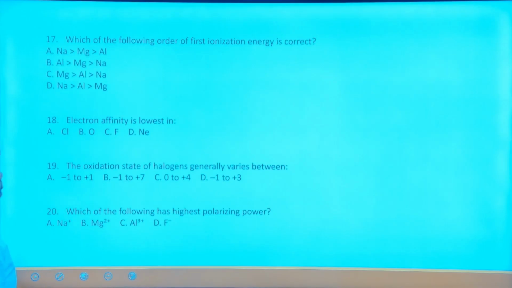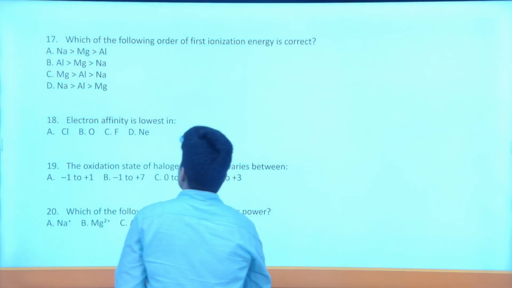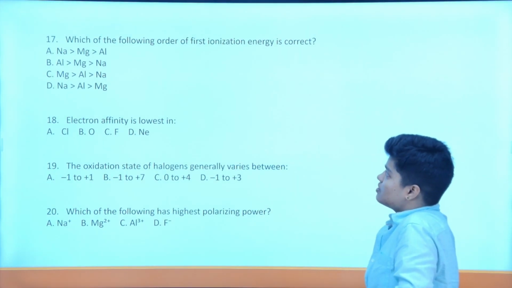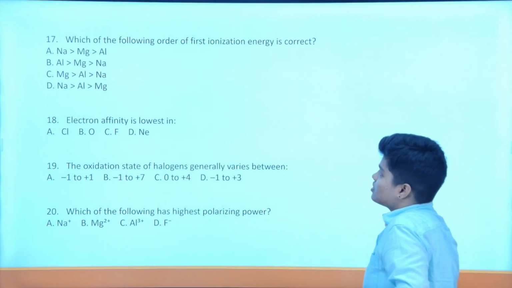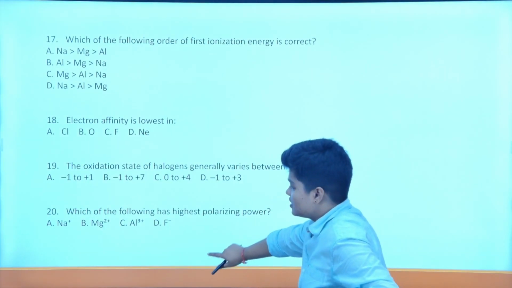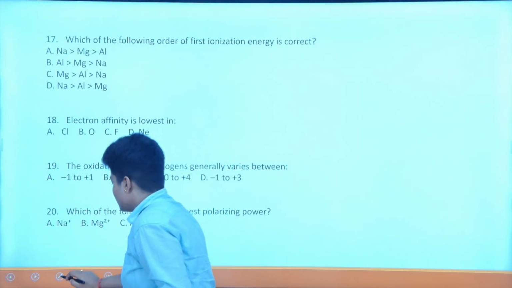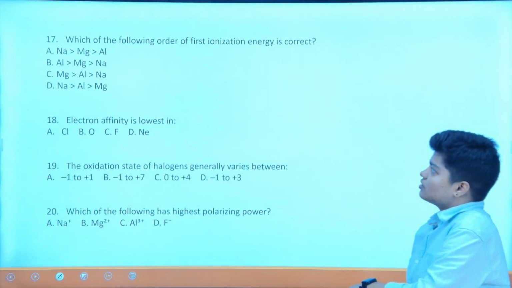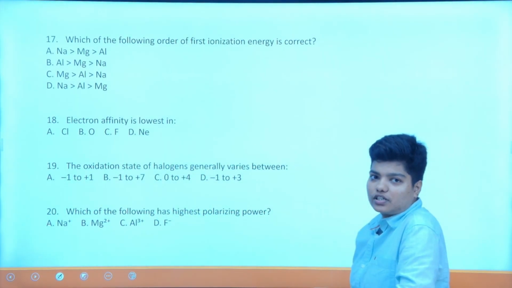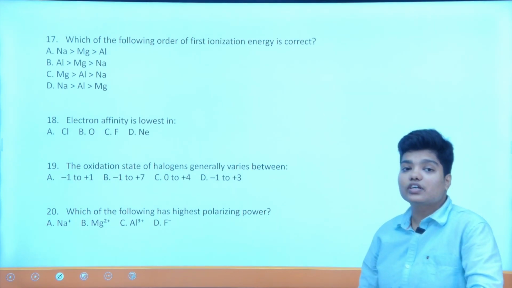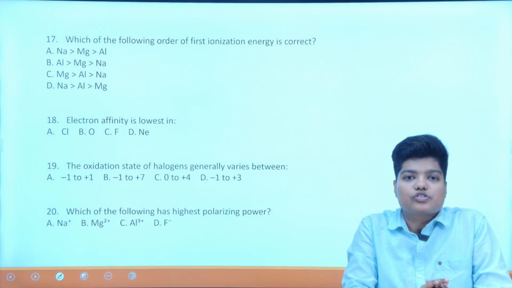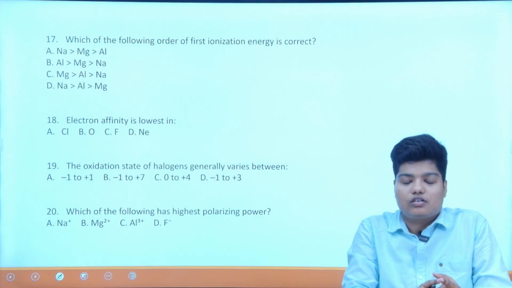Now question number 17: which of the following orders of first ionization energy is correct? Ionization energy is the energy required to release an outermost shell electron. The general trend is that ionization energy increases along the period because the atomic radius decreases. So it is more difficult to release one outermost electron from a smaller radius than from a bigger radius.